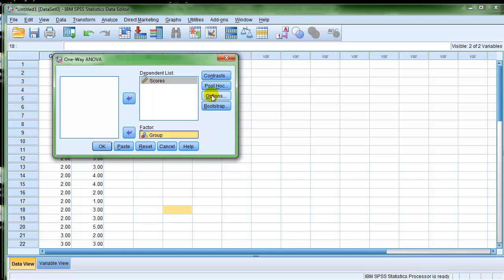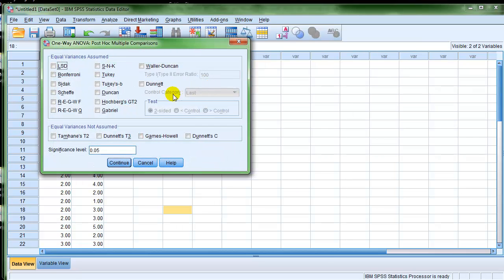Okay, we are going to click on post hoc. We are going to click on Bonferroni. And what this test will do is it will help us compare group 1 to group 2, group 1 to group 3, and group 2 to group 3. Okay, that'll become more clear in a second. But that is what we're going to check, and the significance level is 0.05.